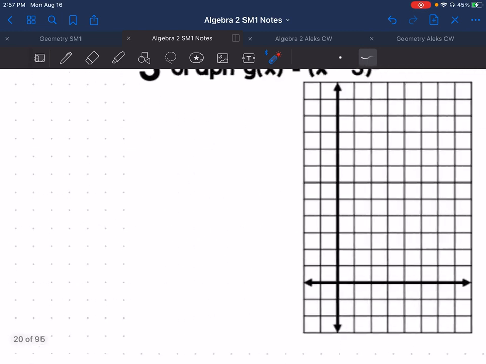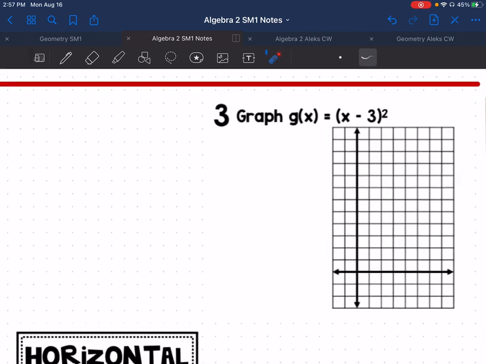Let's practice with our quadratic. All right, here is our graph. G of x equals, and notice again that my H is inside. Now, technically, I've highlighted too much, so let me go ahead and erase that. This right here is H. This, let me circle it with my blue, is part of the formula.